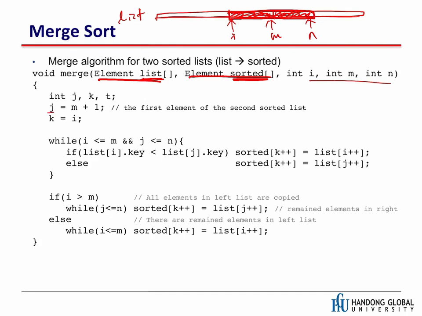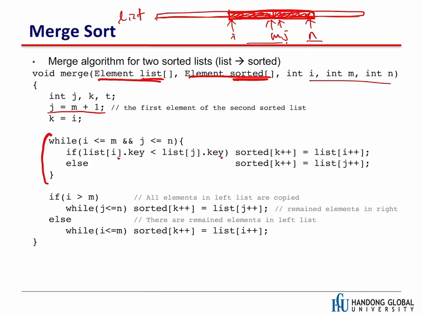So let's assume that we have two sorted sublists as a part of this list. Then initially J is M plus 1, so J is here. And we have one major while loop. I should be less than or equal to M, and J should be less than or equal to N. We compare I's key and J's key.